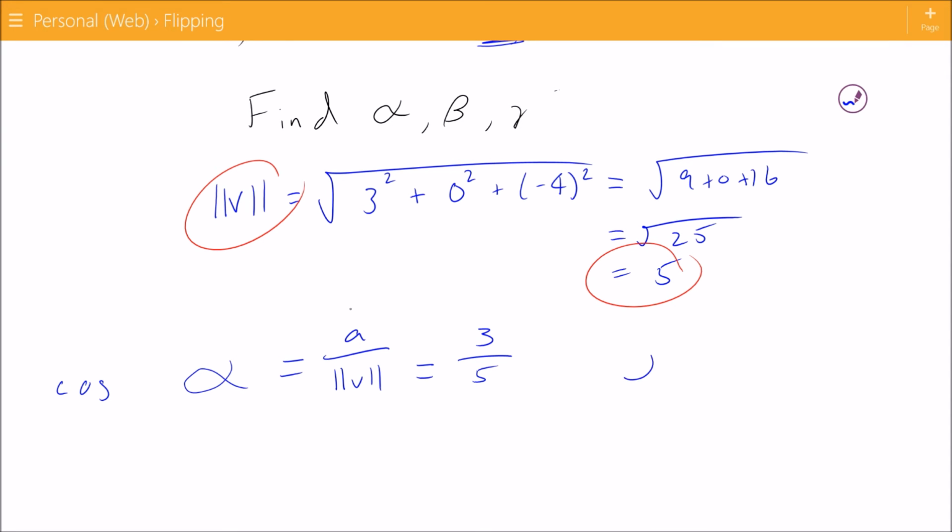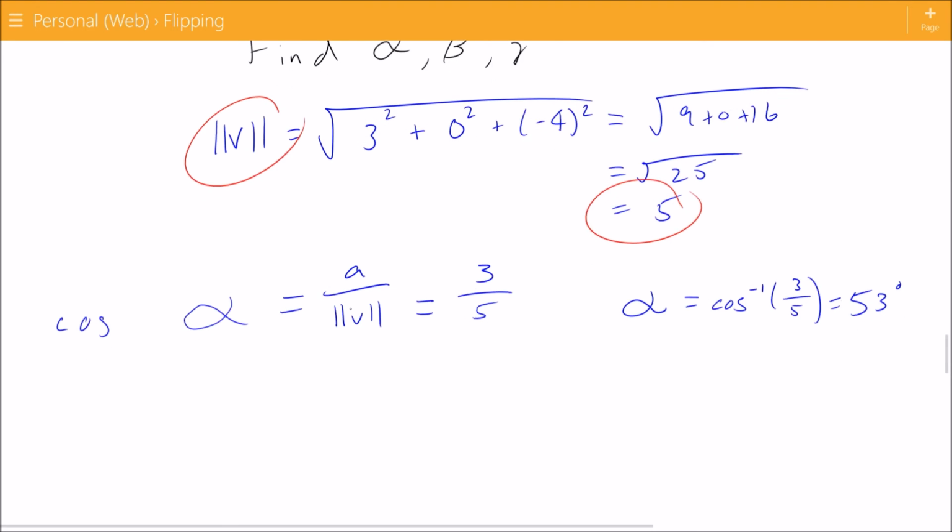Therefore, alpha is going to be the inverse cosine of 3 over 5, which gives us, rounded to the nearest degree, 53 degrees. Not bad.